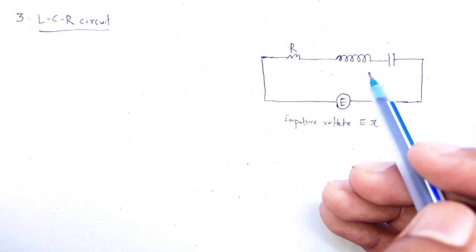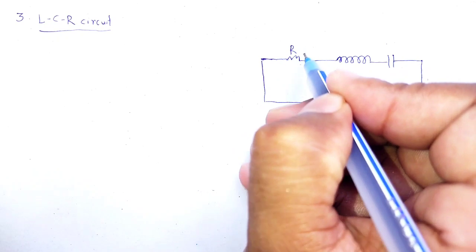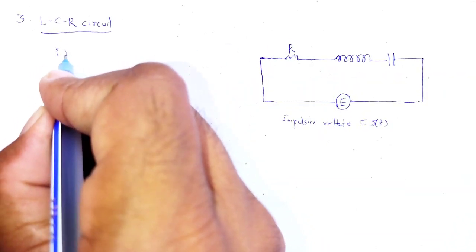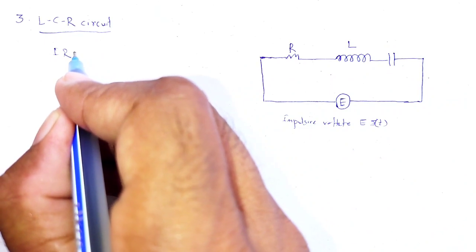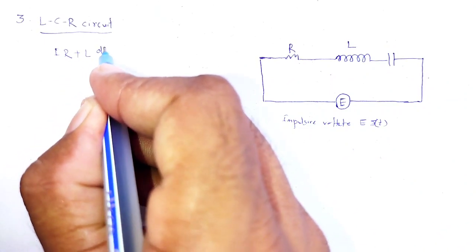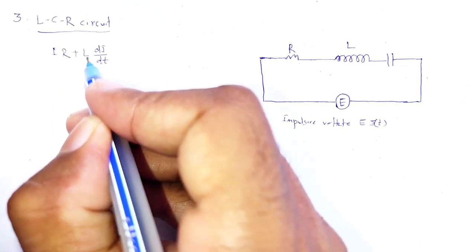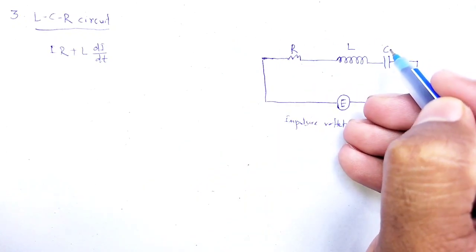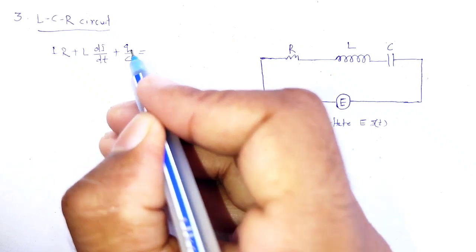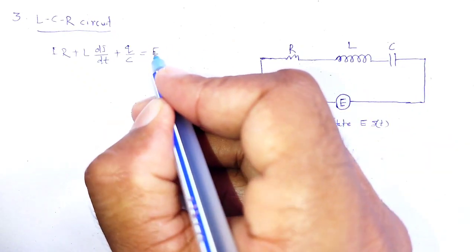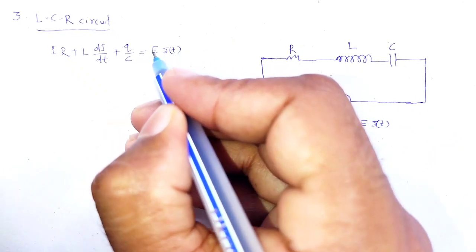The voltage equation will be: the potential drop I into R, at the inductor having inductance L the potential drop L di by dt, the capacitor having capacitance C the potential drop Q by C, applied EMF E delta t.